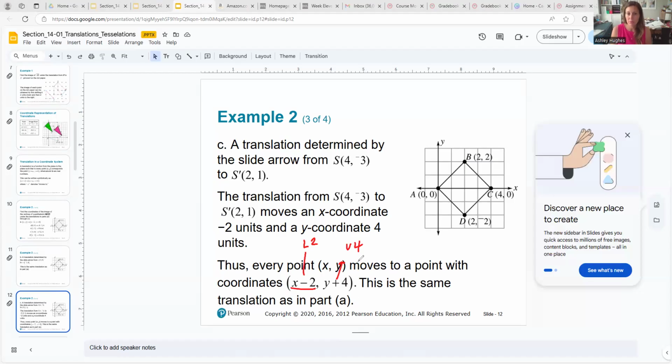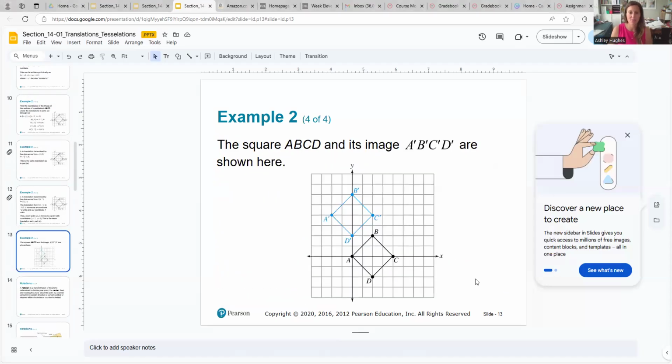So you're taking every point, moving it left 2, up 4. And then here's the example of that. If you check, we went left 2, up 4, left 2, up 4, left 2, up 4, left 2, up 4. And then this guy is that translation of the original square.